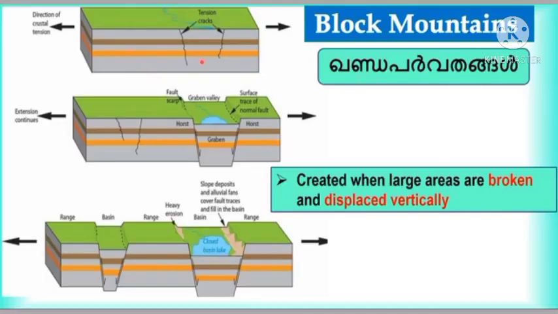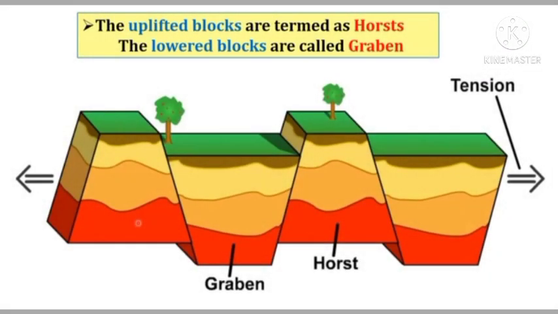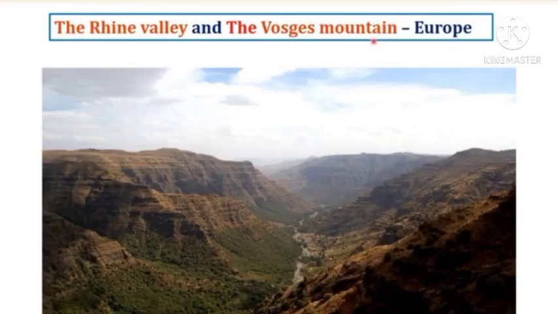Block mountains are created when large areas are broken and displaced vertically. The uplifted blocks are termed horsts and the lowered blocks are called graben. The Rhine Valley and the Vosges Mountains in Europe are examples of such mountain systems.